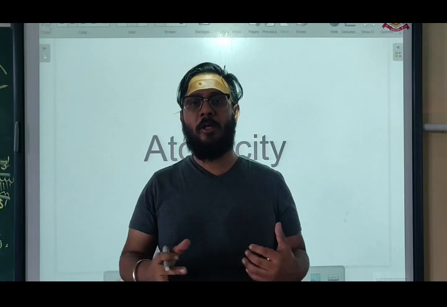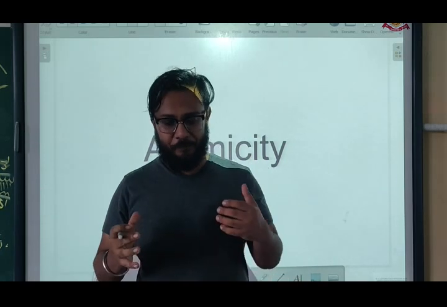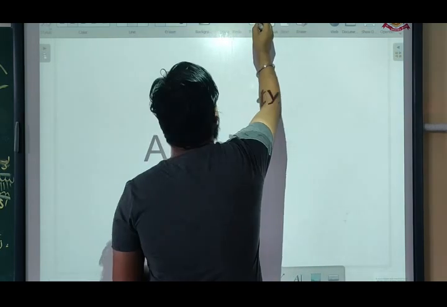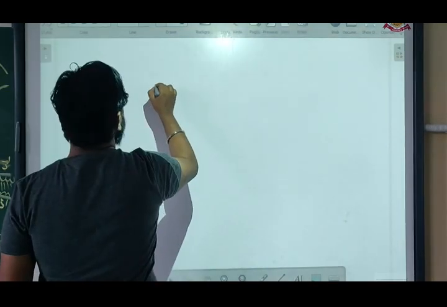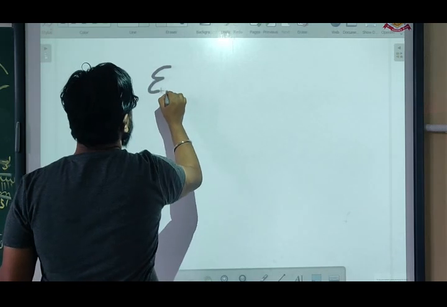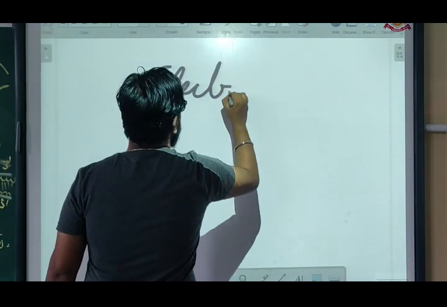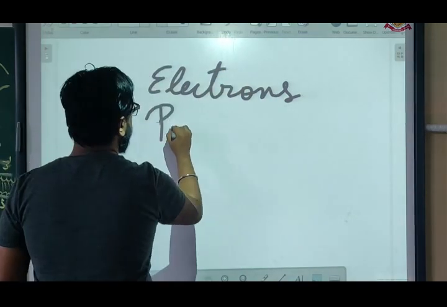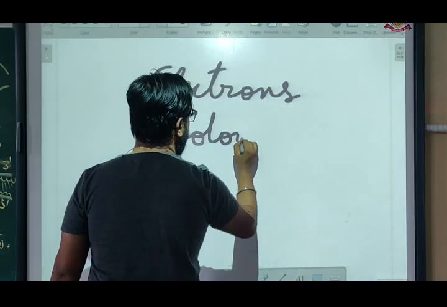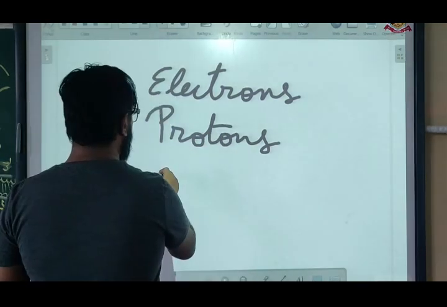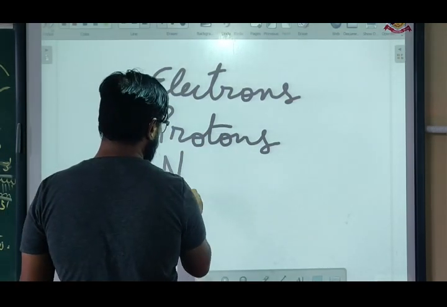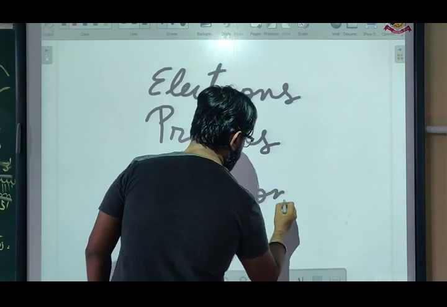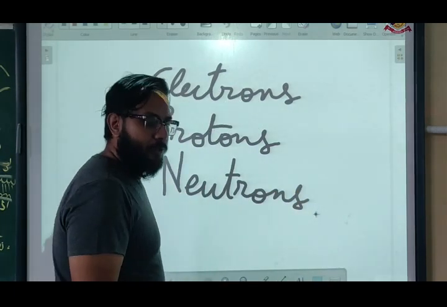Atoms can be broken down into three different smaller particles, and they are called electrons, protons, and neutrons.